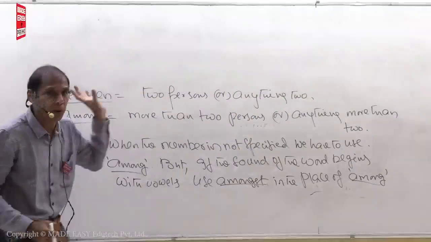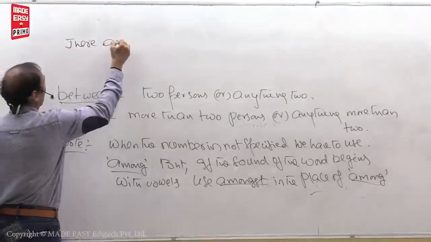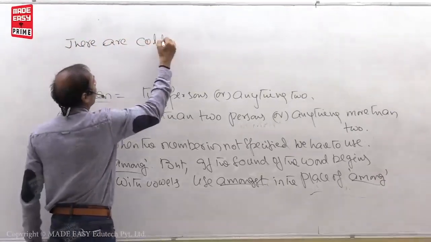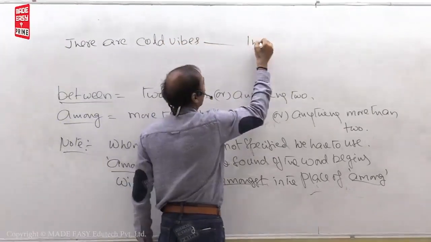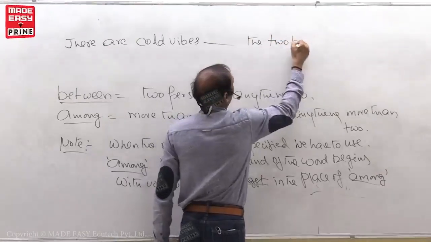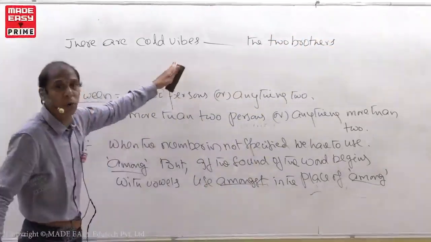Uses of between, among. See, observe. There are cold wives dash the two brothers. What is the meaning of cold wives?